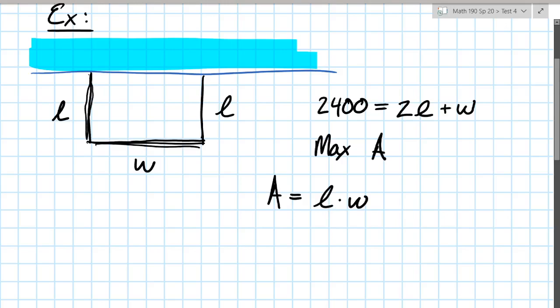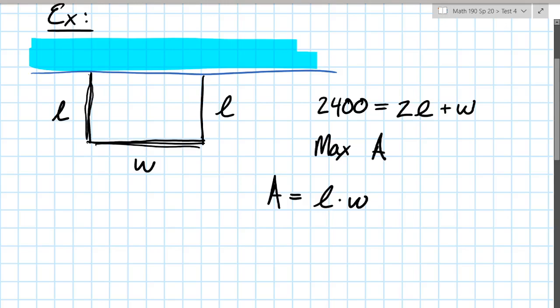Anytime we want to find a maximum or a minimum, we can locate those at either the endpoints of the domain of the function or at the critical values where we have mins or maxes. So we need to pay attention to the domain, and then we need a function that we can take a derivative of. Notice that this is an equation with 2 variables.